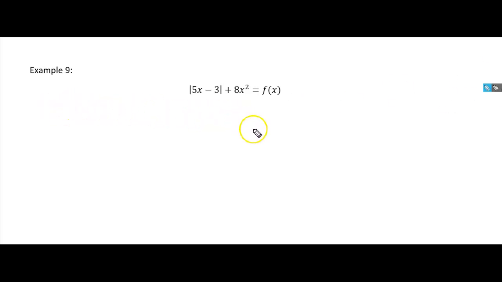Now in example 9, you guys are asked to find the derivative of a function that actually has an absolute value. So if I wanted to find the derivative of this, you could turn it into a piecewise function. It's not really necessary though.